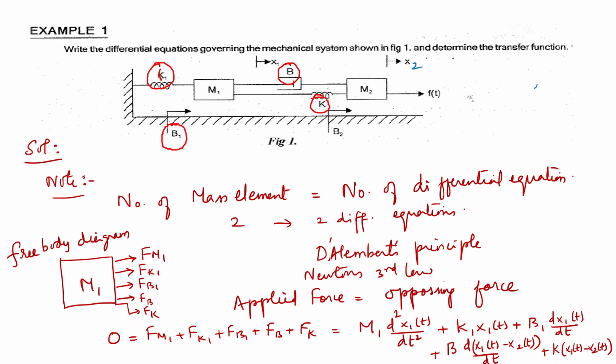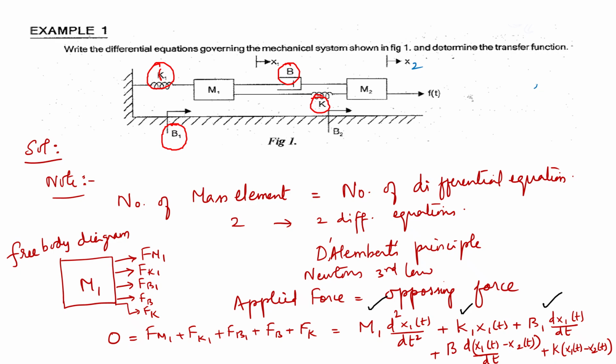The opposing forces will be the force equations on that particular element, which can be represented as M1 into d squared x1 by dt squared plus k1 into x1 of t plus b1 into dx1 of t by dt, because these displacements are only available for the mass element m1.